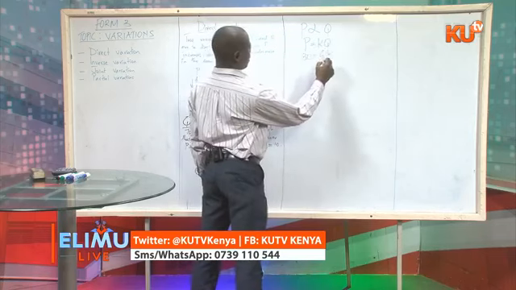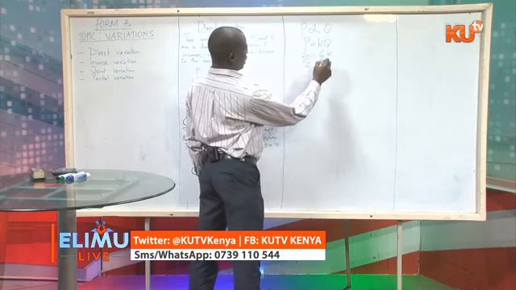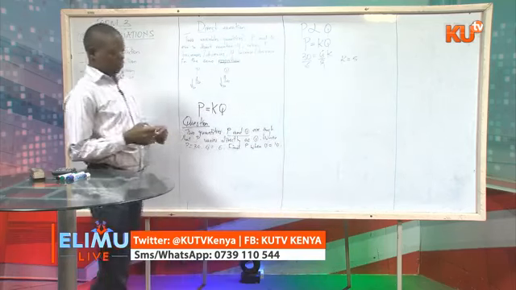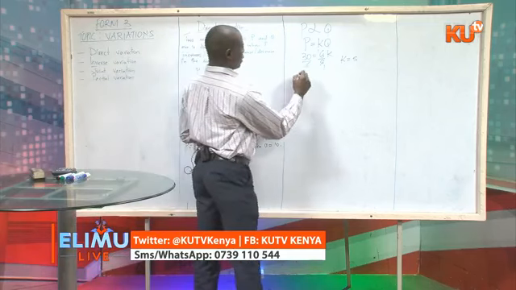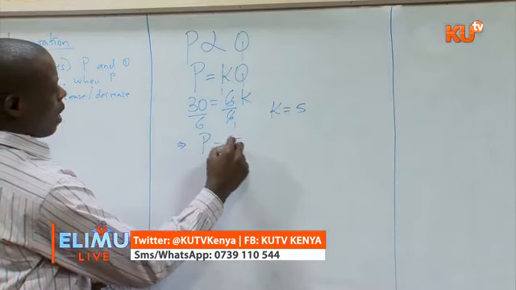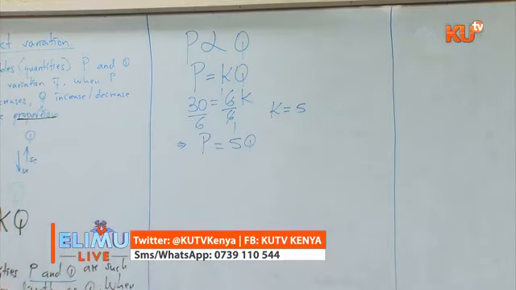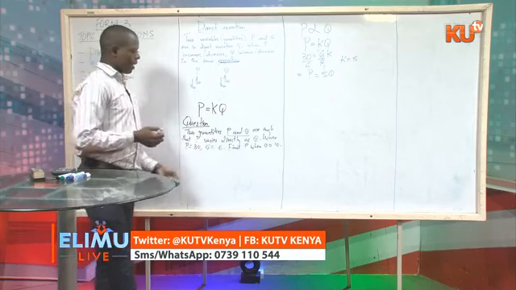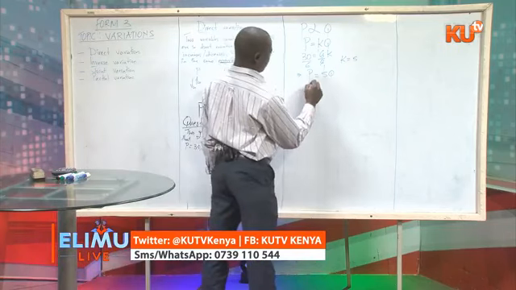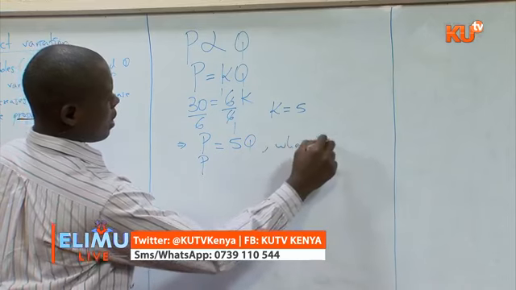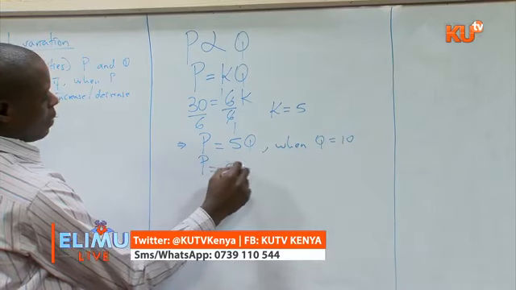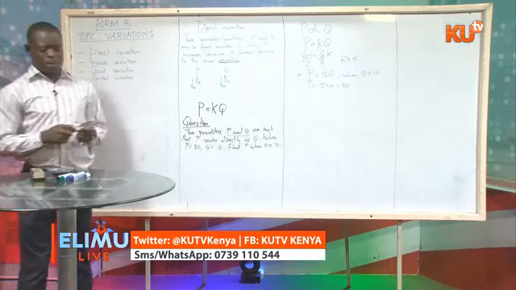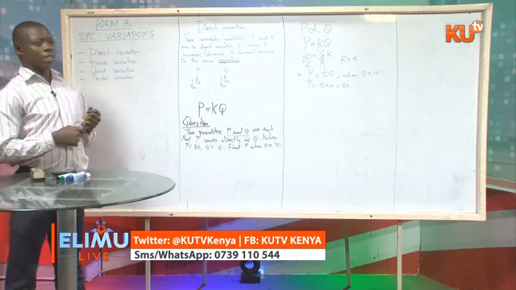To get K, we divide both sides by 6. This cancels out, and so our K is 5. So practically what it implies is that P is equal to 5Q, because originally P was equal to KQ. Now we replace Q with 10, so P will be equal to 5 times 10, and that is 50. That will be the value of P when Q is 10.